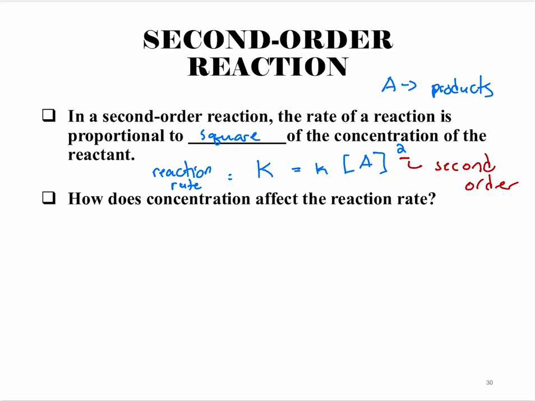If we double A, it gets quadrupled, because it's 2 to the power of 2 dependent on A. And we'll go through an example of how you can determine the order of the reaction just by looking at the reaction rate. So if A doubles, then K quadruples.